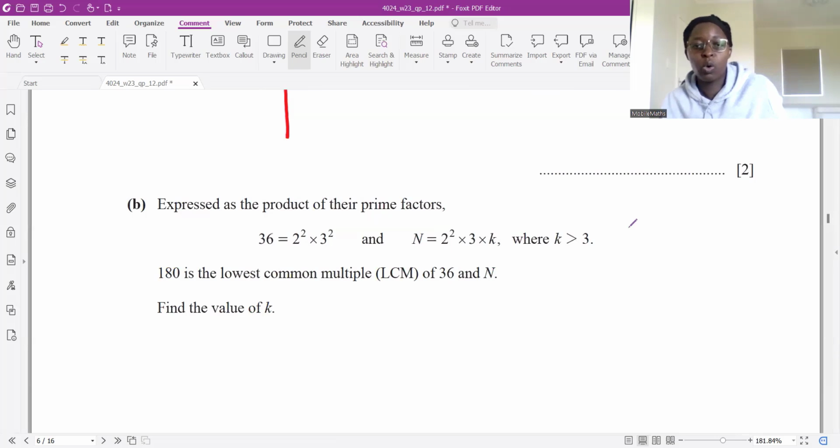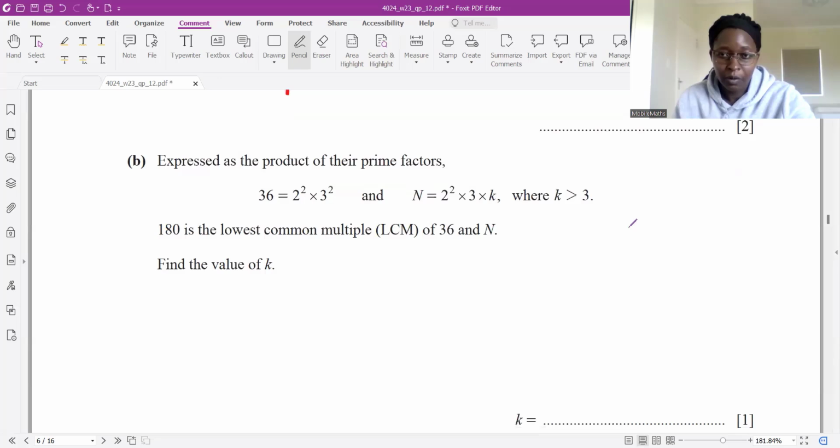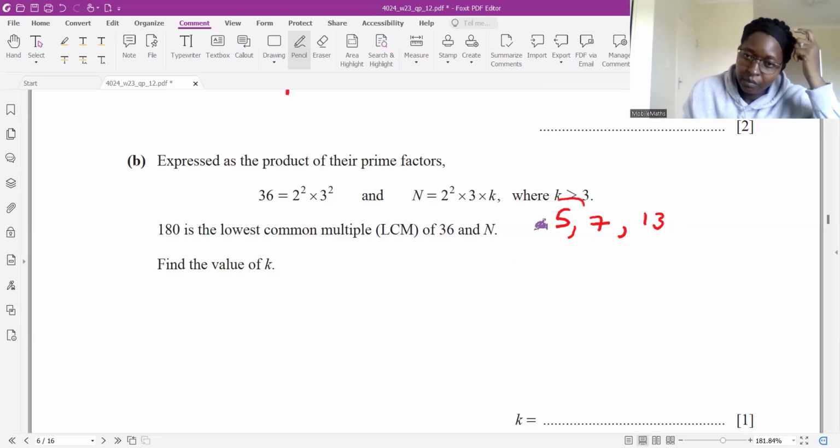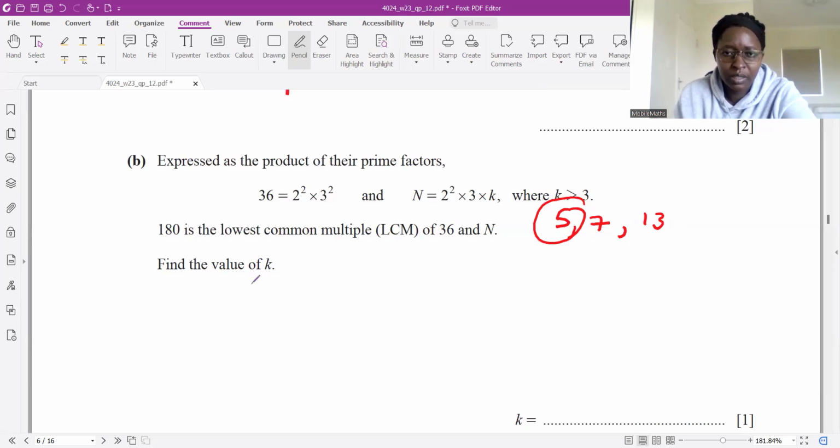180 is the lowest common multiple of 36 and n. Find the value of k. This k can be 5, 7, going on to 13, and so on. Okay, so let's see. I'm going to start with 5.